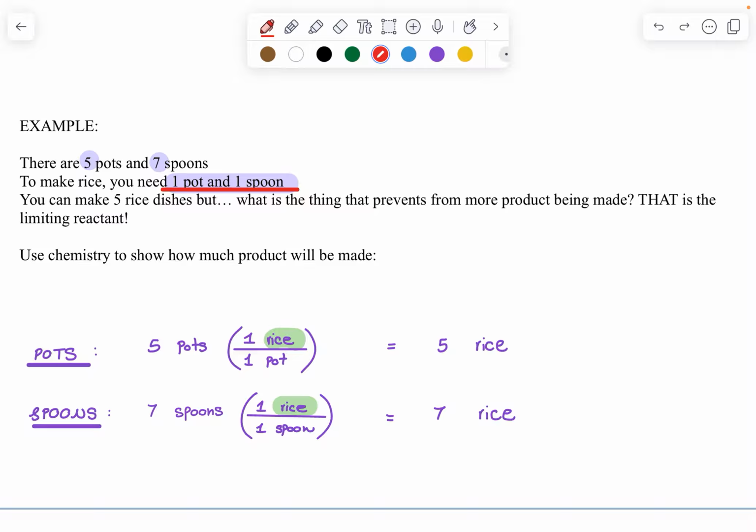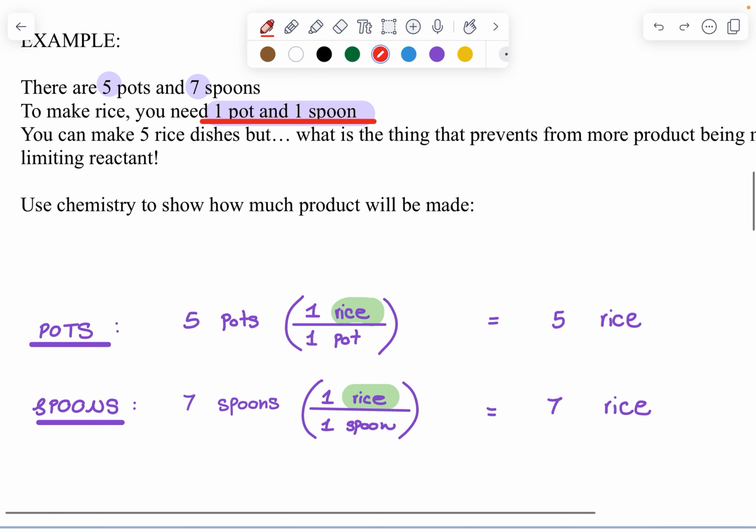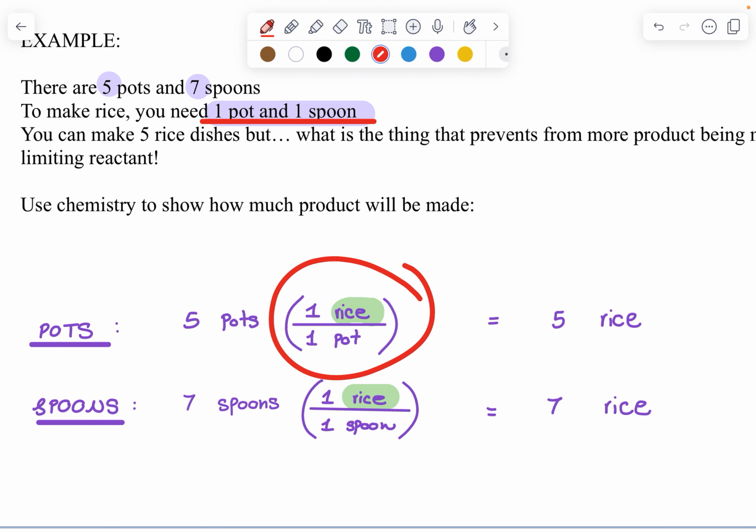So we're given 5 pots, and this is another very important concept you need to know. This will help you solve every limiting reactant problem, and that is to list your reactant and make a mole to mole ratio type thing, right here, with the thing that we're trying to get to on the top and the thing that we want to use on the bottom.